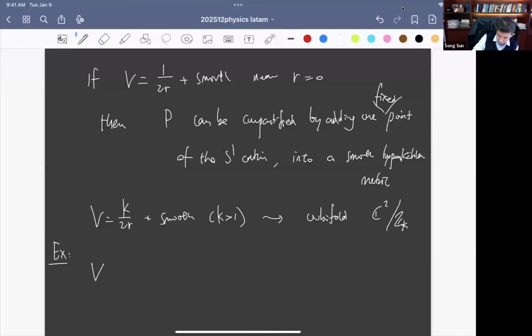The example is very simple, because all these conditions involve star dV, just the derivative of V. I take the 1 over 2r and just add 1. Then we can use the same theta as the theta you get for R4. And then what we get is a new hyperkähler metric on R4, a new Ricci-flat metric.